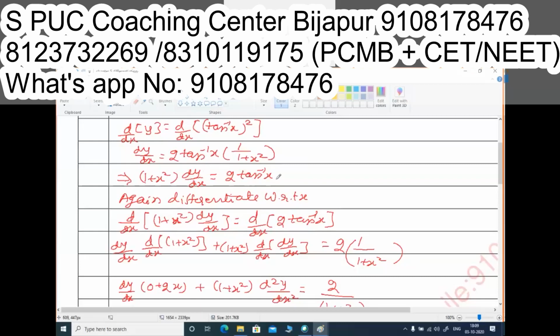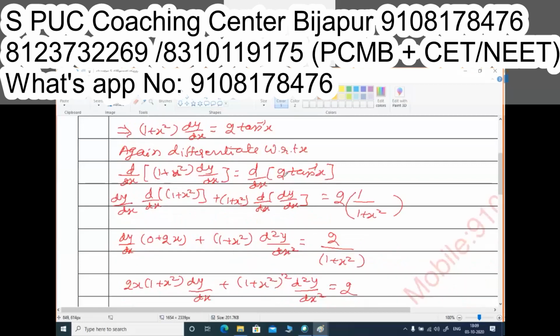On this side, 2 tan inverse x, you differentiate by using the product rule. On this side, 2 is constant, you take it out. Then tan inverse x differentiation is 1 divided by 1 plus x square. Go on and simplify. The differentiation of 1 plus x square is 0 plus 2x.